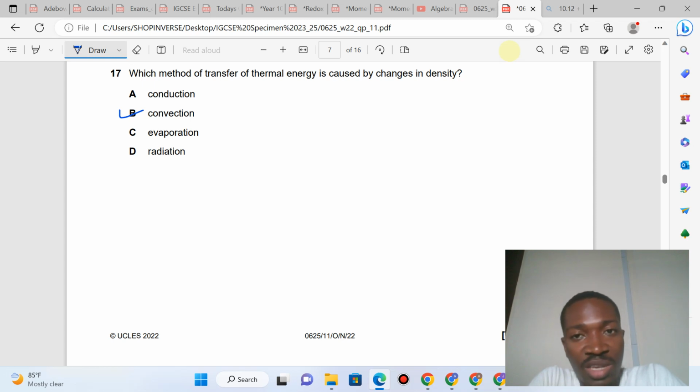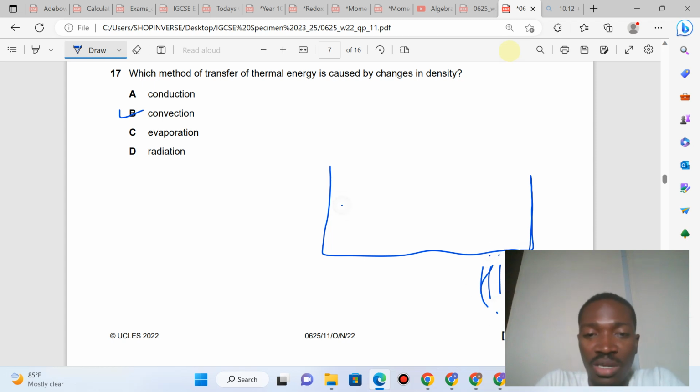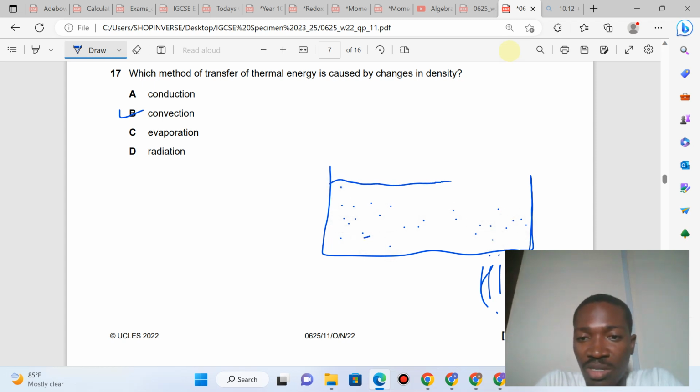Also, when you are dealing with the way heat energy is being transferred within your pot. Let's assume this is your cooking pot, and then you apply heat at one end. These are molecules of water in your pot.